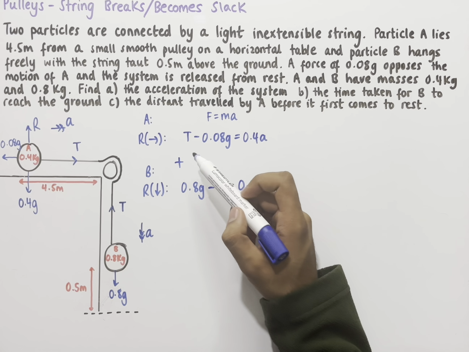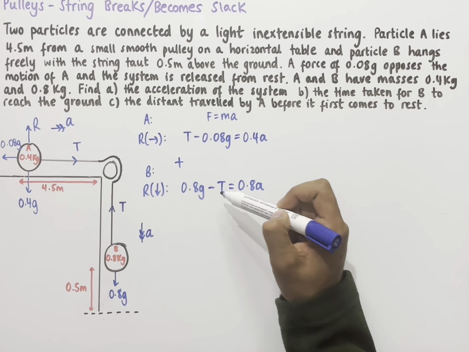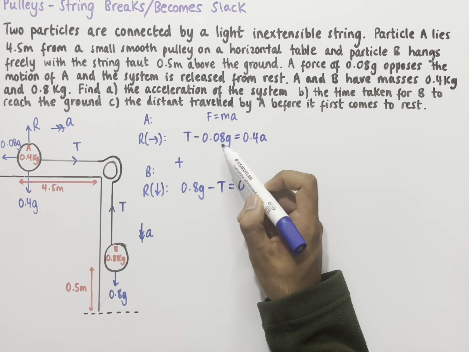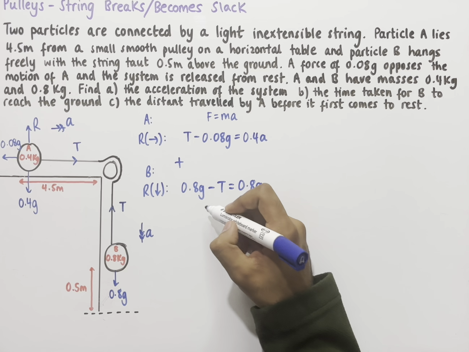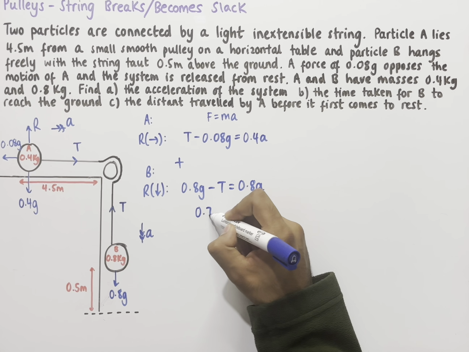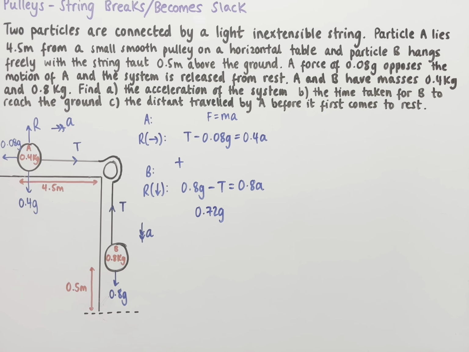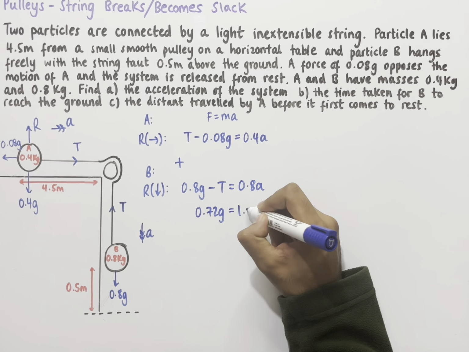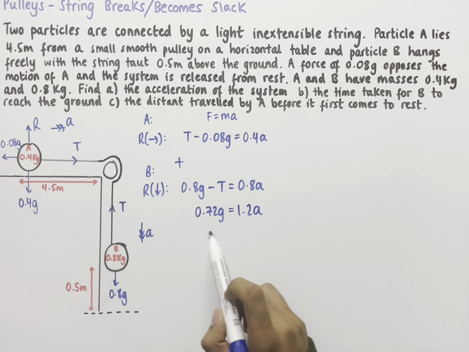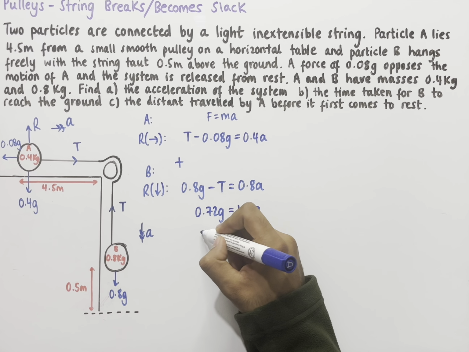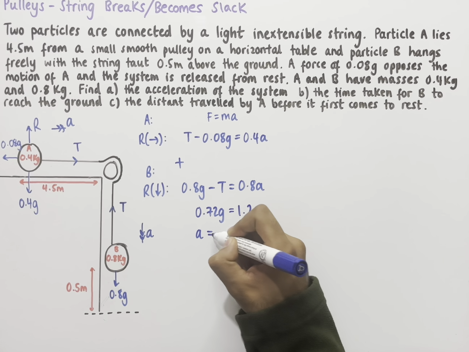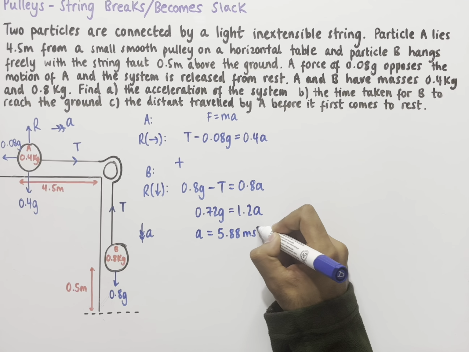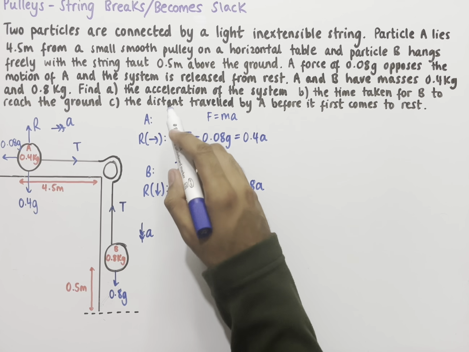If we do this, we then have T plus minus T, which cancels the T's, minus 0.08 g plus 0.8 g, which becomes 0.72 g. And then we have 0.4 a plus 0.8 a, which becomes 1.2 a. And so if we divide both sides by 1.2, we end up with the acceleration equaling 5.88 meters per second squared. And that is the answer to part A.